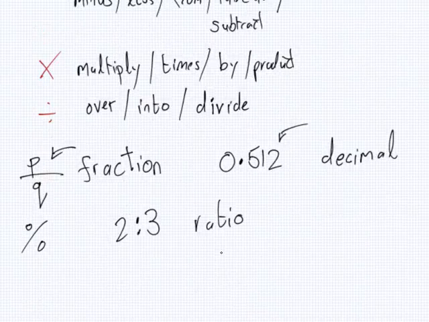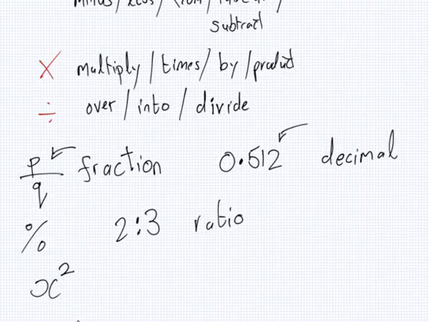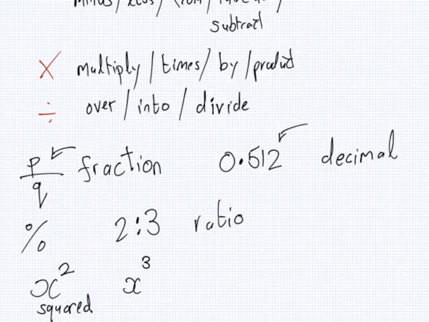And let's go down. What's this called? No. Squared. X squared. This one? No. Don't look, Rogers. I know you can read.